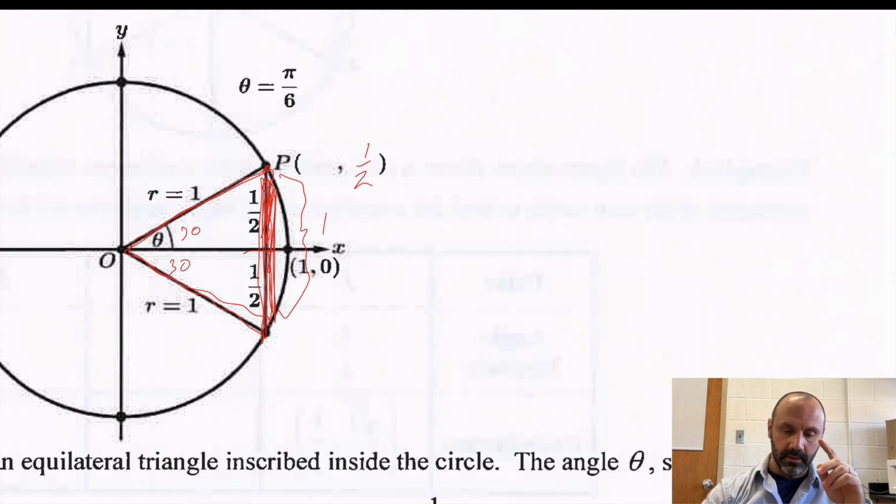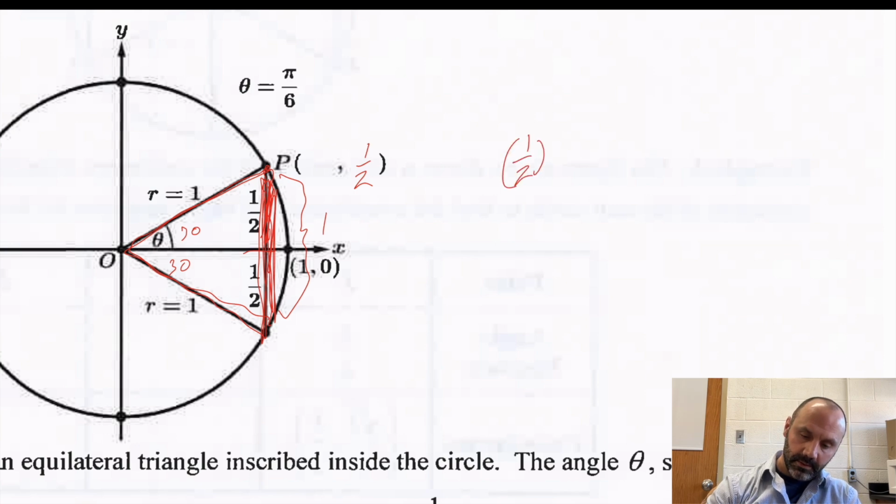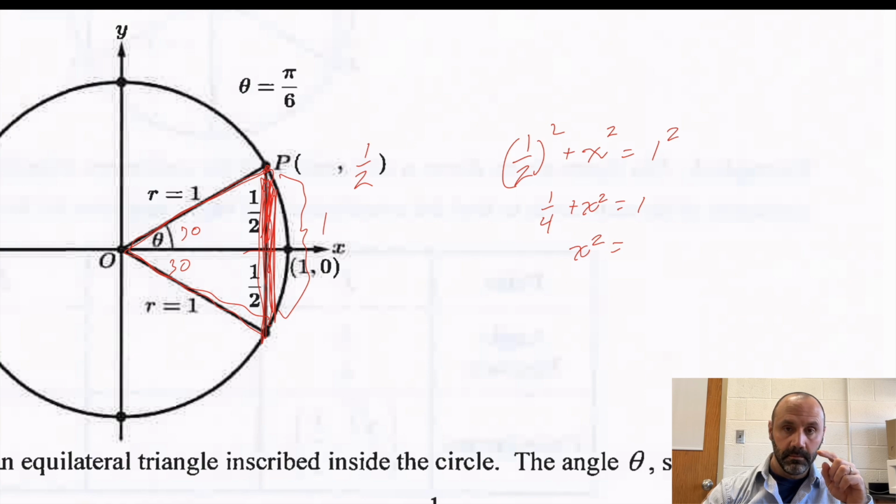To find the x-coordinate now, I can use the Pythagorean theorem. I know that 1/2 squared plus x squared equals 1 squared. So we end up with 1/4 plus x squared equals 1. So x squared equals 1 minus 1/4, which ends up being 3/4.